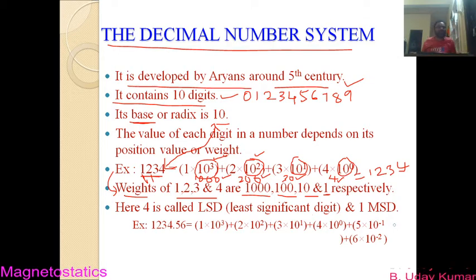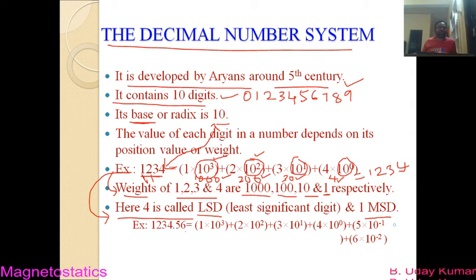Coming to our next slide, in the same example 1234, 4 is called the least significant digit, and 1 is called the most significant digit.